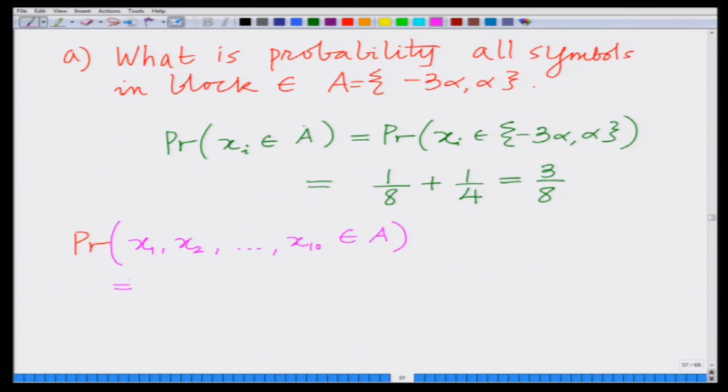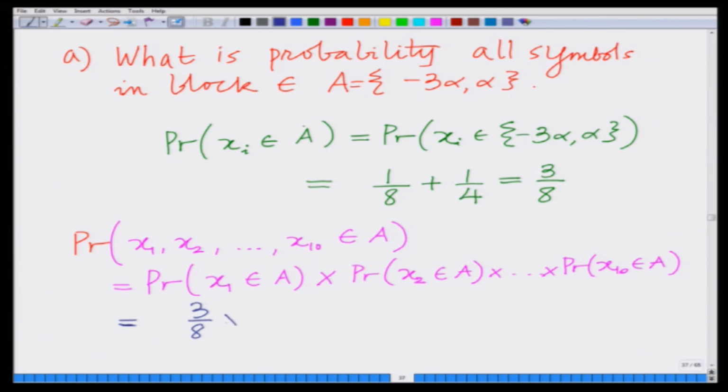Because these symbols are independent, this is now basically the product of the probabilities: the probability x1 is an element of A times the probability x2 is an element of A, and so on, times the probability x10 belongs to A. Each of these probabilities is 3 by 8, so the product of 3 by 8 ten times is equal to 3 by 8 raised to the power of 10.